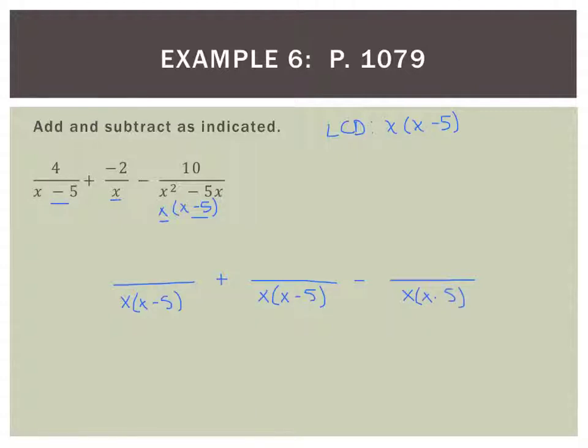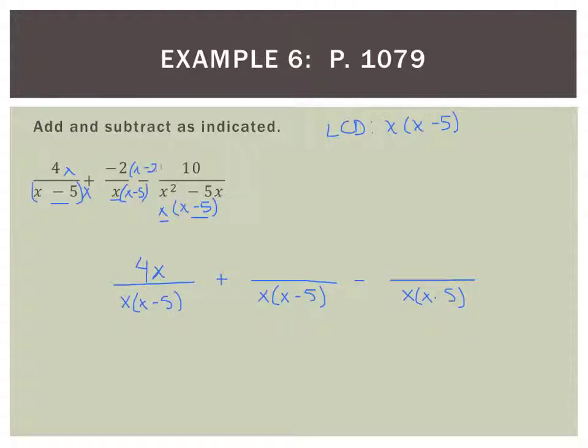Alright, so my first fraction, 4 over x minus 5, I already have the x minus 5, so I need to multiply that by x. And I have to multiply top and bottom, so the numerator is going to become 4x. On my second fraction, I have negative 2 over x, so I need to multiply that x by x minus 5.